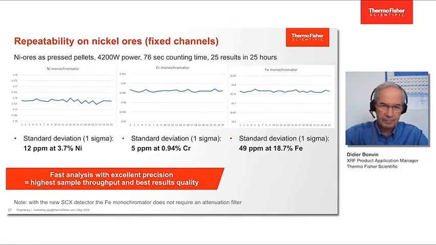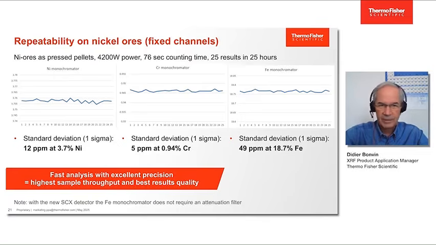So you can see that we get absolutely excellent results in terms of repeatability. And this is the strength of X-ray fluorescence. It's the long-term repeatability of the technique. And also we get quite fast results because each result is obtained in just over 1 minute.